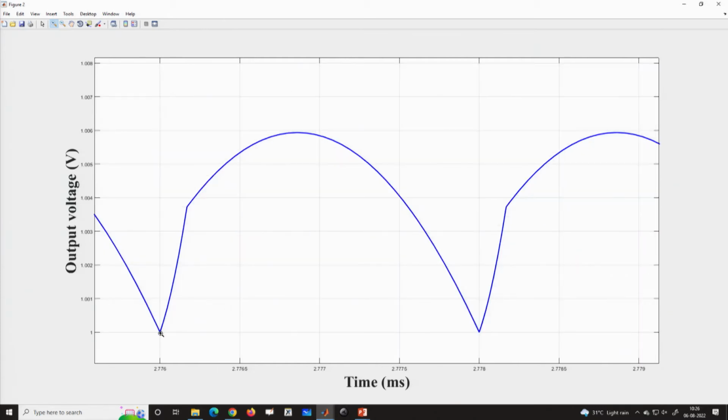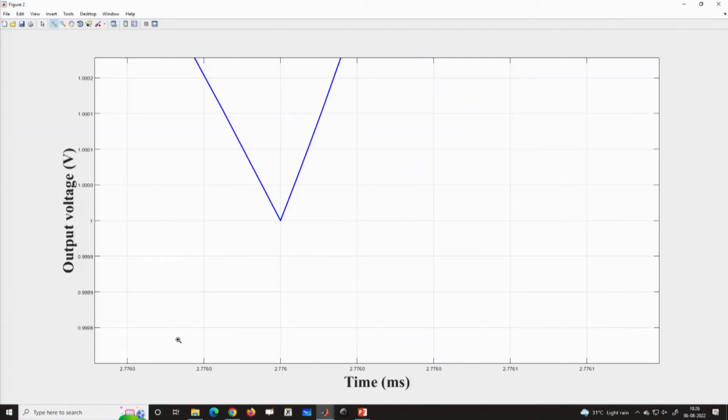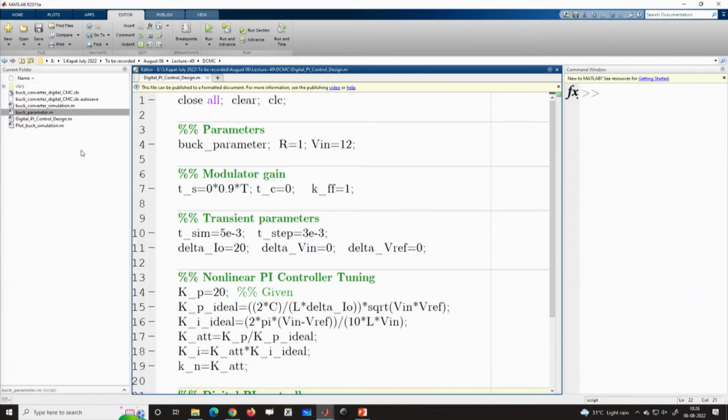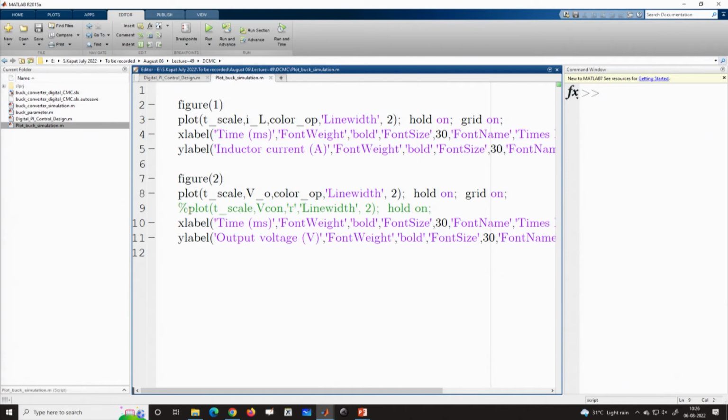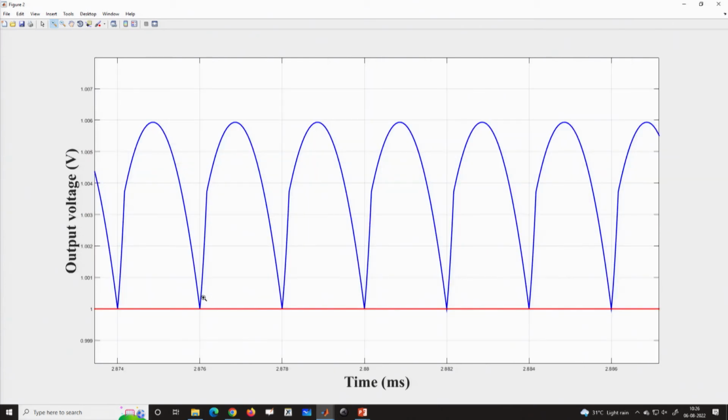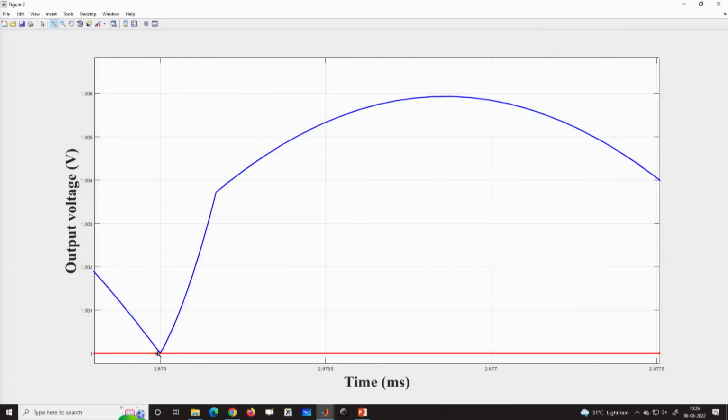Because we are taking the sample right here. We are talking about digital control, it is not analog control, and we are taking one sample per cycle. If you want to see how the sample looks, we can go to the plot and rerun this and show. We see that we are picking up the sample right at the valley voltage, which means we are regulating this sample voltage, not the full voltage, because it is digital control and we are getting one sample per cycle.